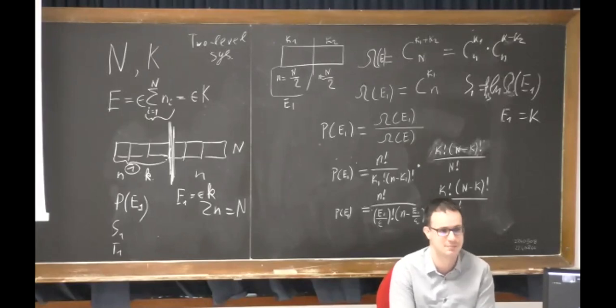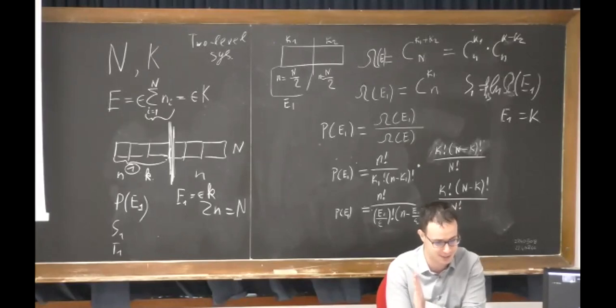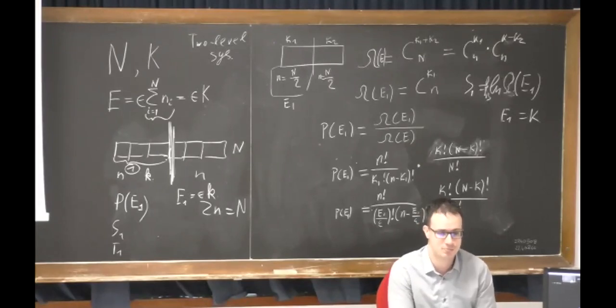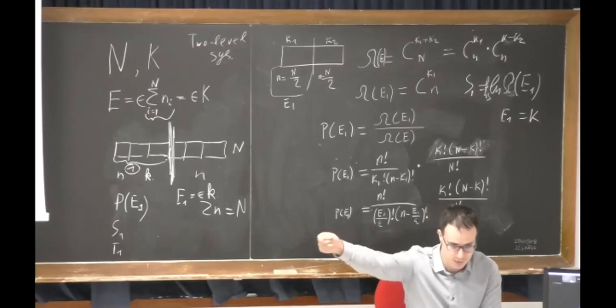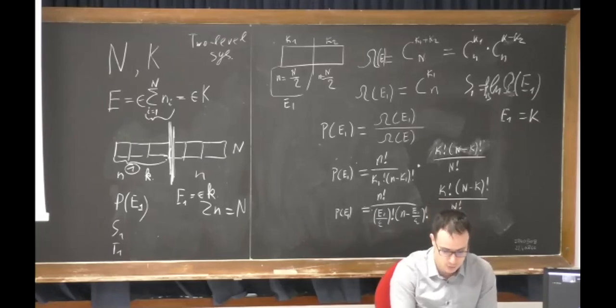The first half of the system is entirely equivalent to the second half. Equilibrium, the most likely state, is when both systems have an equal number of excitations. There is absolutely no reason in this problem for why one system must have more. That's, so to speak, your final goal. Now you start doing math to prove that.